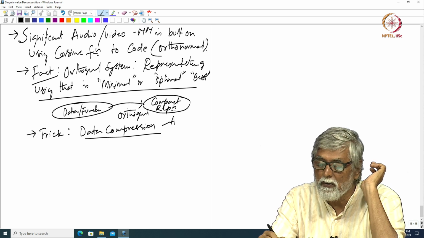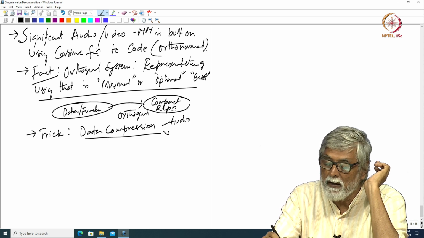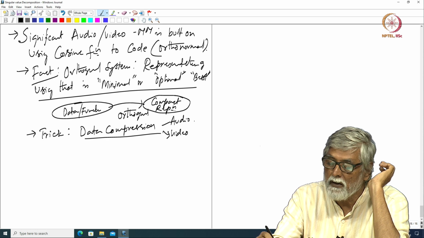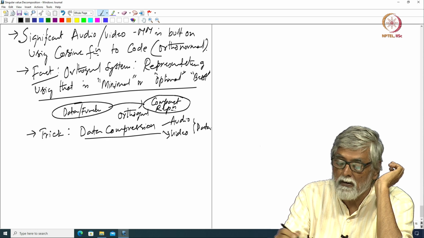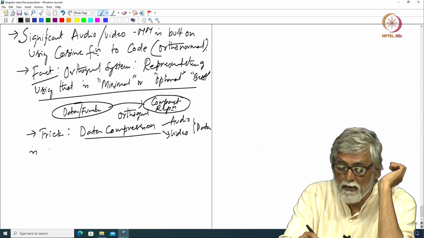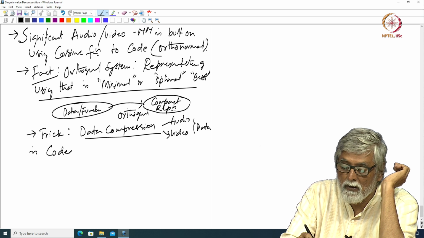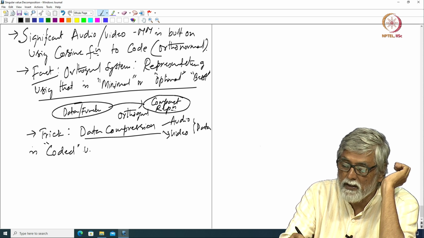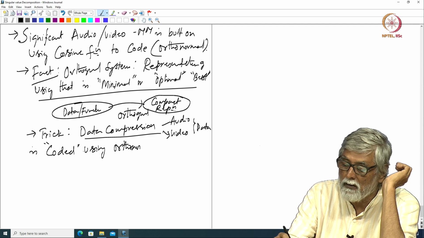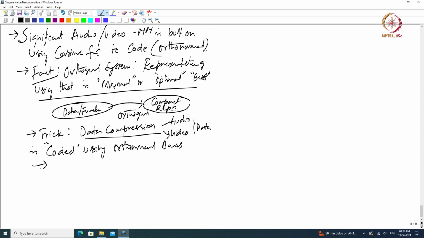Lot of audio and video data is coded using orthonormal basis, and even though there are better ones, the most convenient is cosine set, cosine series.